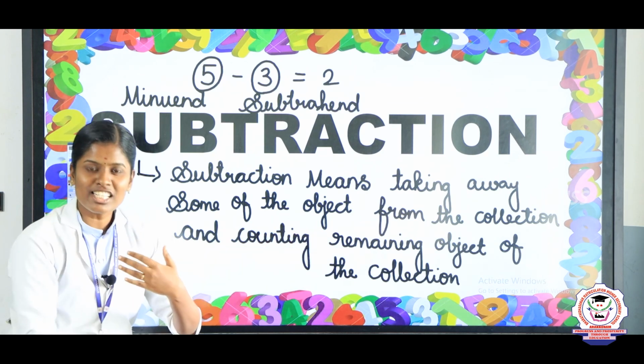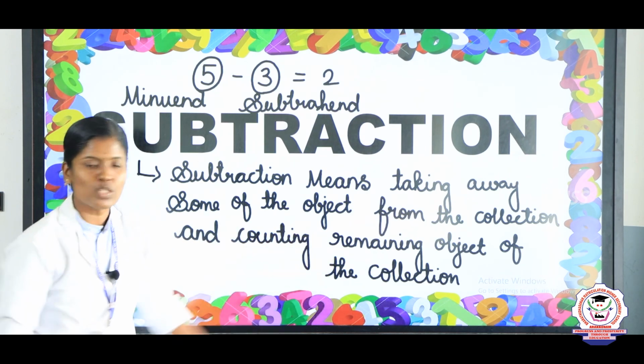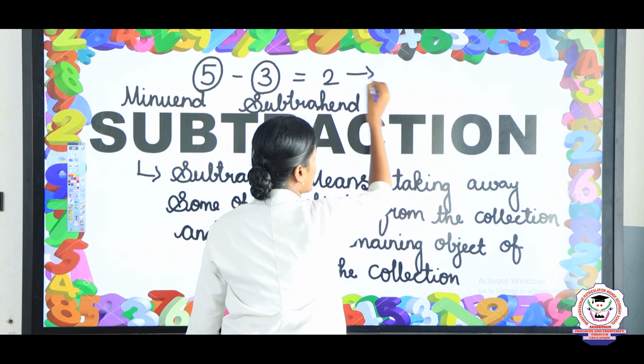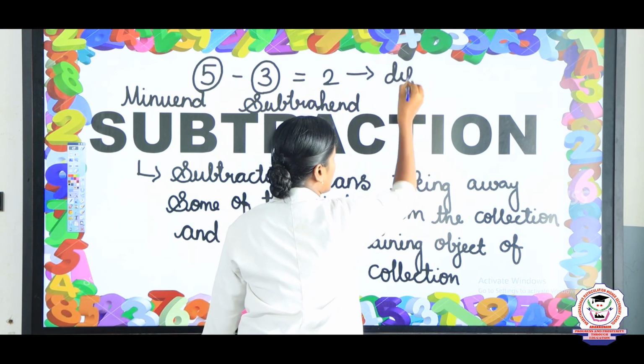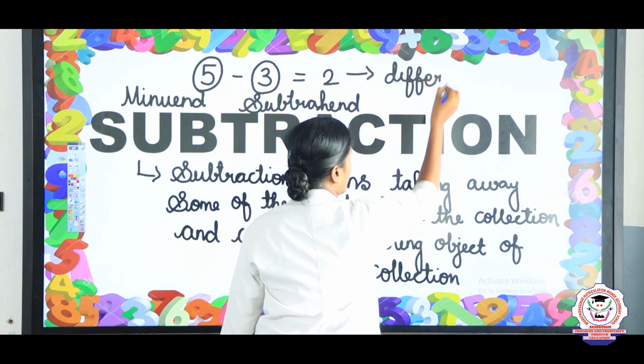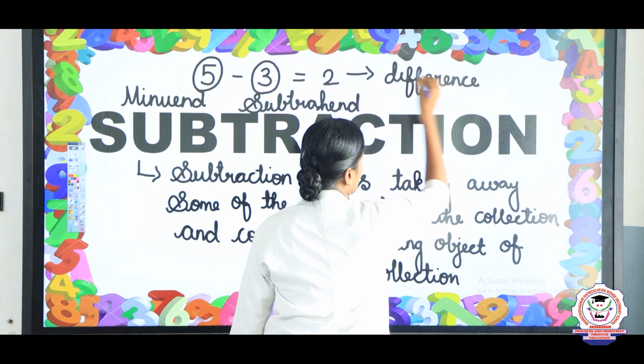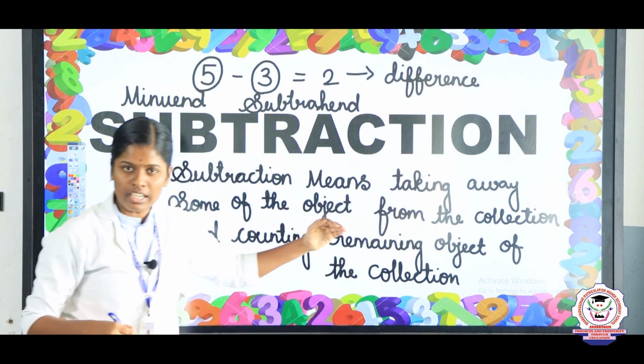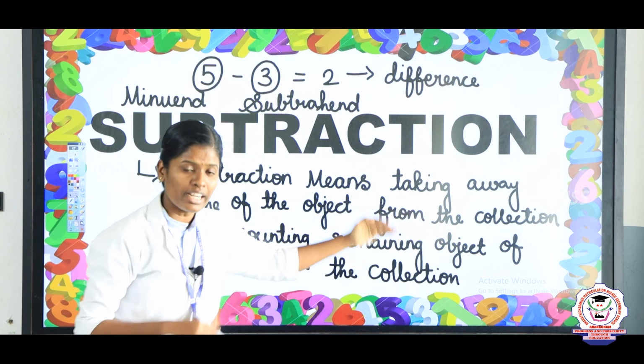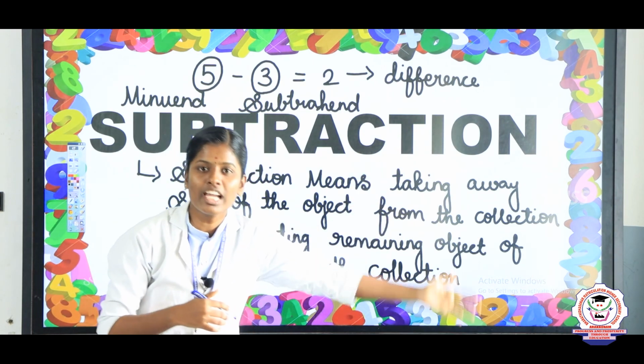The final answer is called the difference. What is the answer? 2 is called the difference. The first number is called the minuend, the second number is called the subtrahend, and the final answer is called the difference.